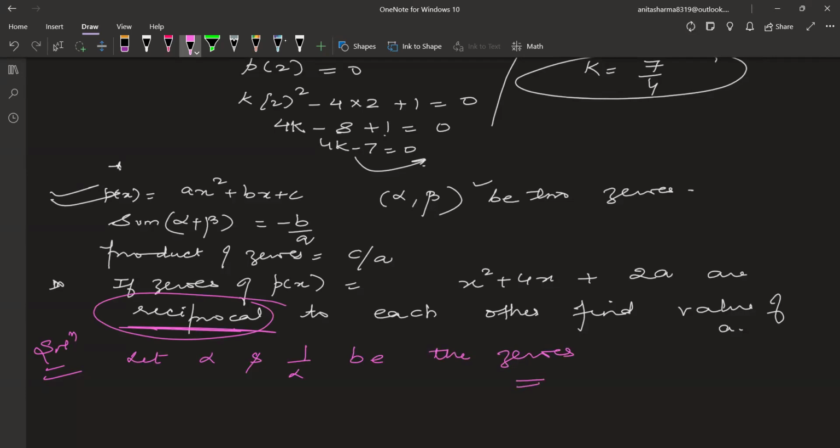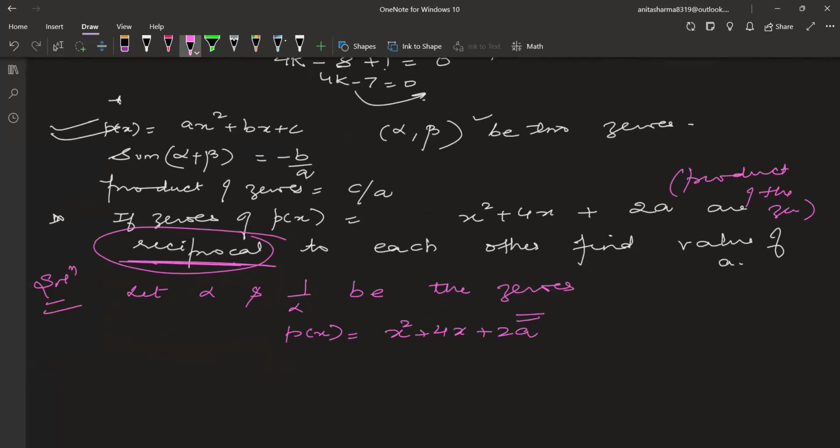And in this case, reciprocal, you always have to find product of the zeros. Fine? So you have given this polynomial x square plus 4x plus 2a. So now compare it with standard polynomial, because our standard polynomial is ax square plus bx plus c.